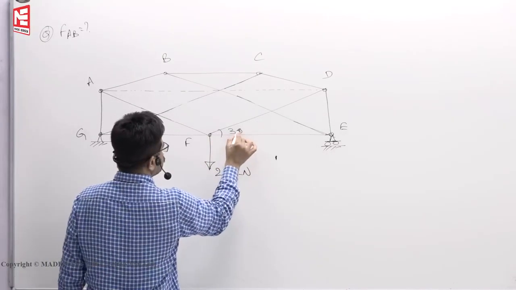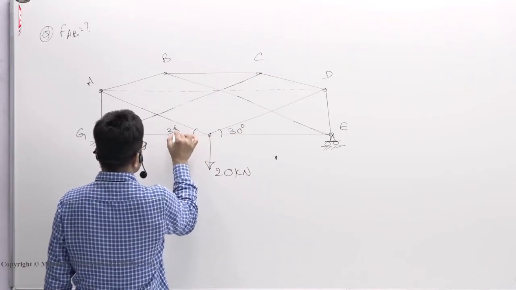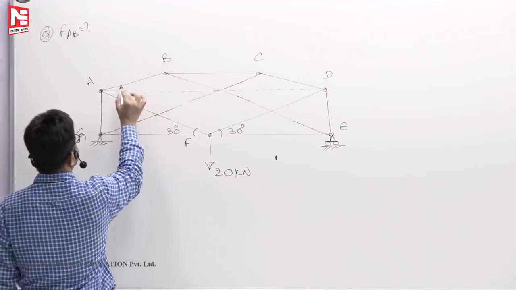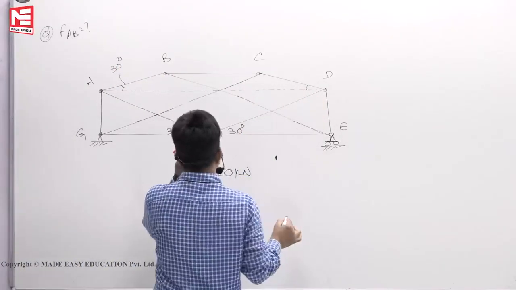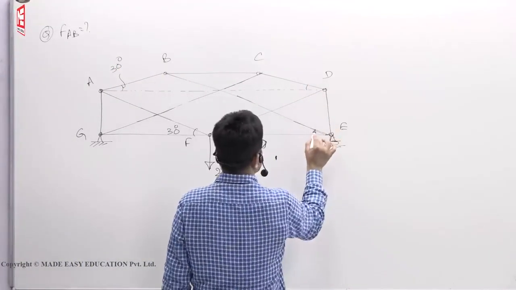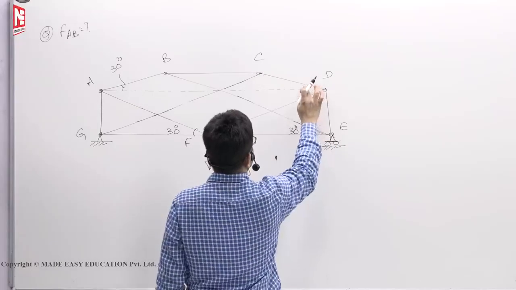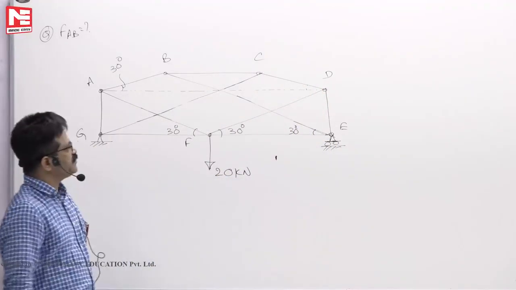This angle of inclination 30 degrees, like this 30 degrees. This is also 30 degrees. Okay. Lengths are also not given.